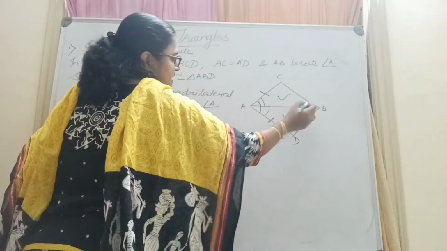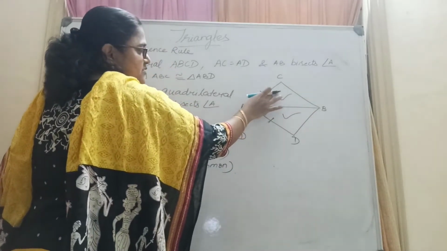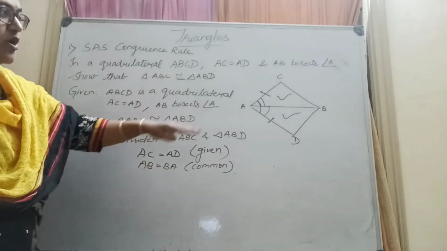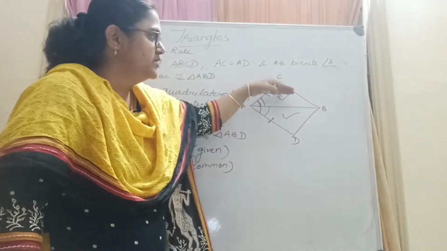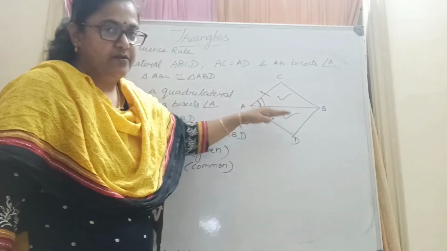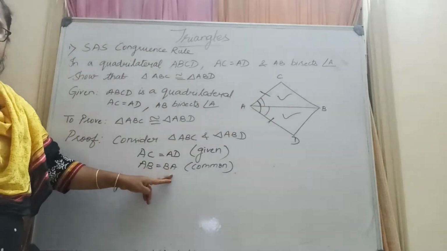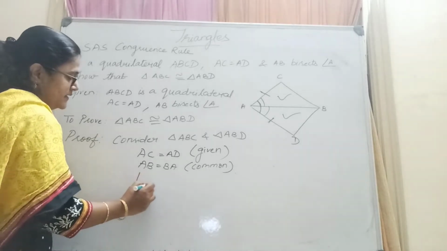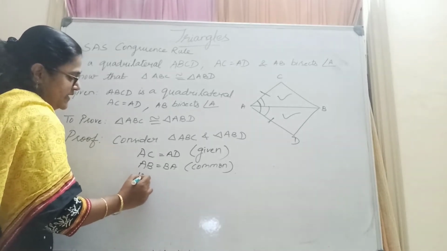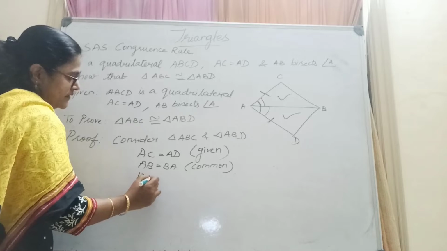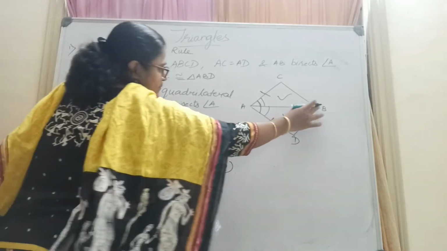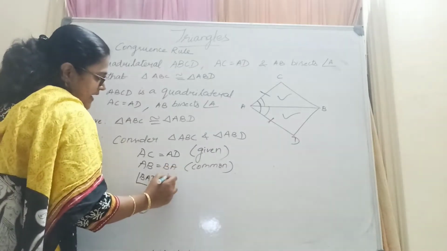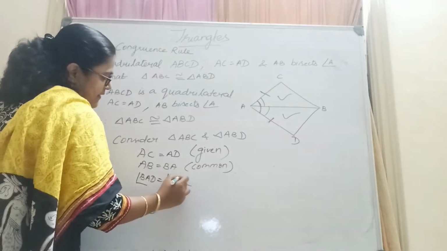The side AB is the base of this triangle also and this triangle also. So, AB is equal to BA. Now, angle BAD from this triangle is equal to angle CAB.